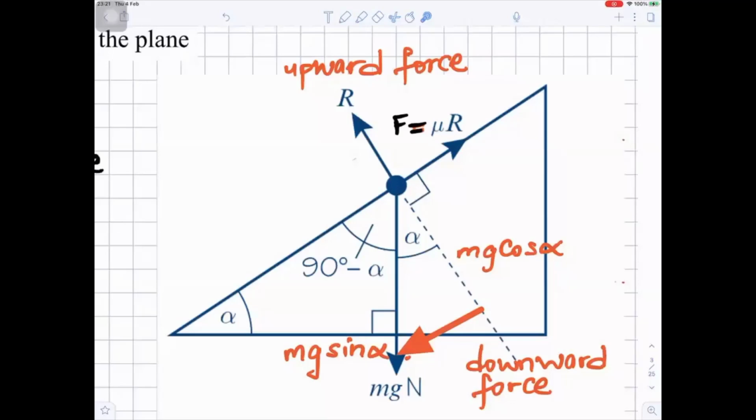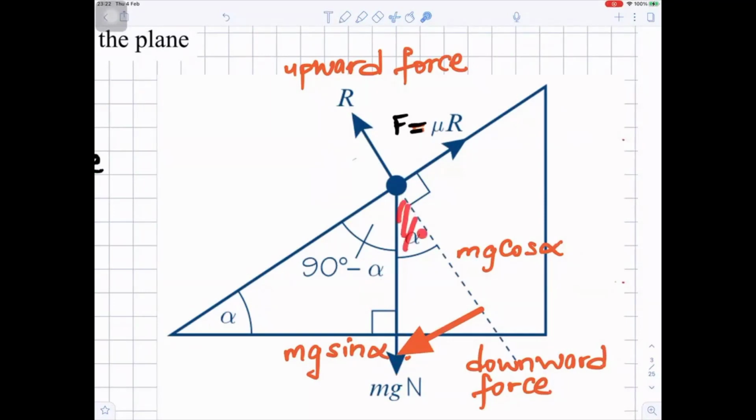So if we look at the right angle triangle, we would see R is the upward force, which is at 90 degrees to the inclined plane. And there is a downward force. If we use this triangle, mg is the hypotenuse.